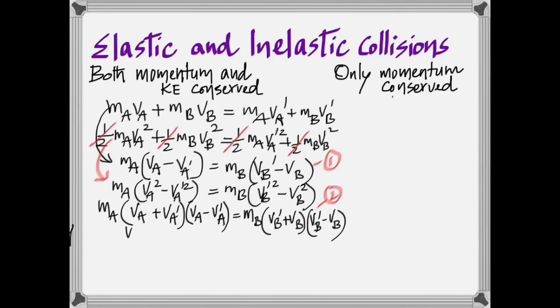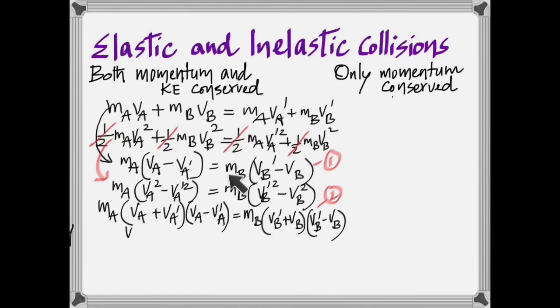Now can you divide equation 1 by 2 and tell me what you get? If you divide the left side with the left side of this equation, what's going to cancel out? The masses, right? Yeah. And what about this term? Wouldn't that also cancel out? And I'll be left with only this term.